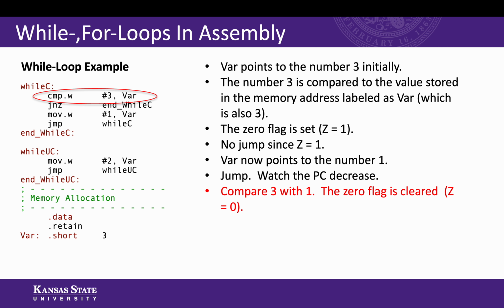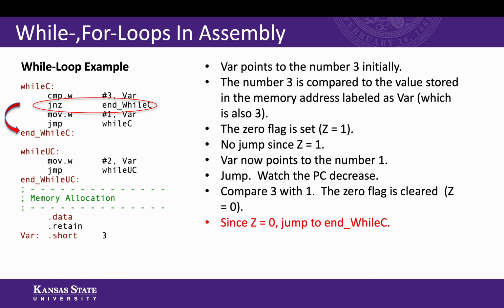Now var is pointing to 1, so we compare the number 3 with the number 1. Here the zero flag is cleared because it does the subtraction and we do not get 0. And so then we go to jump if not zero. Because z equals 0, we do the jump and then we end that while loop there.